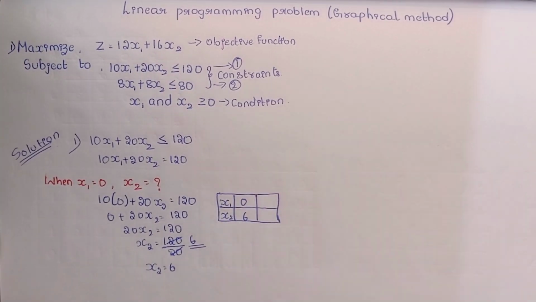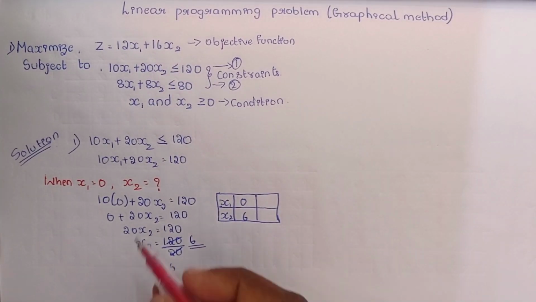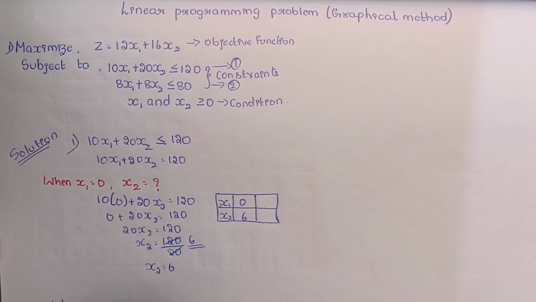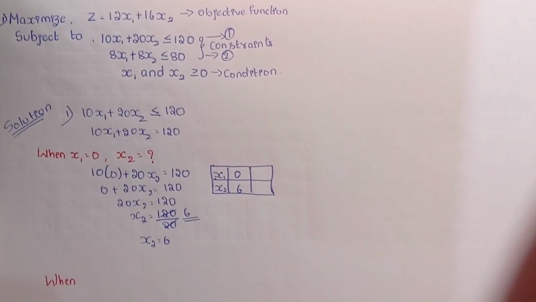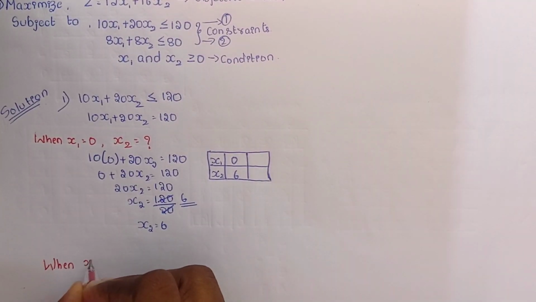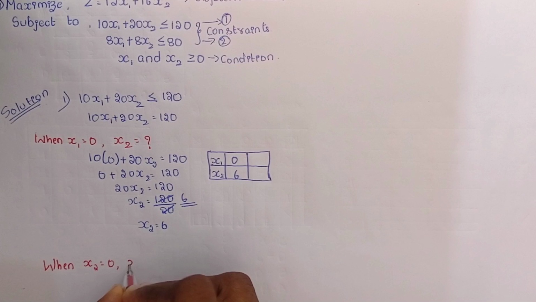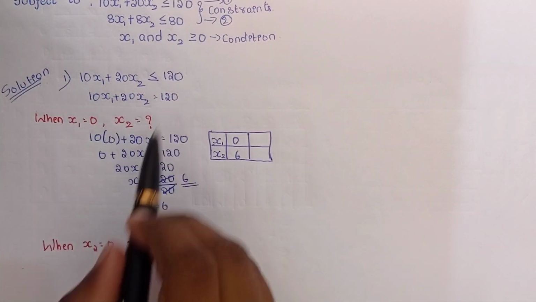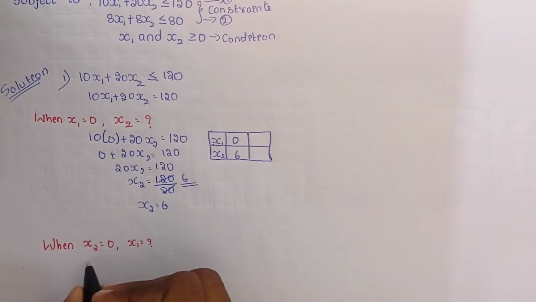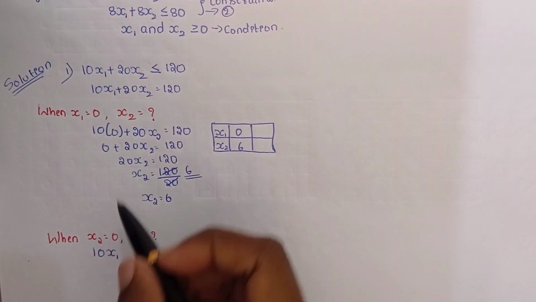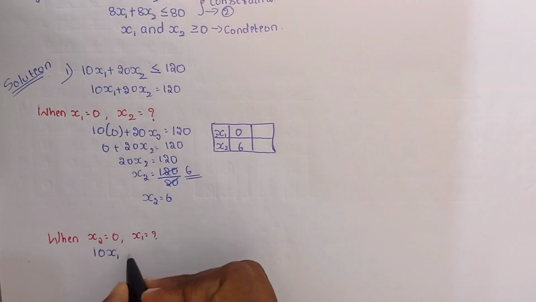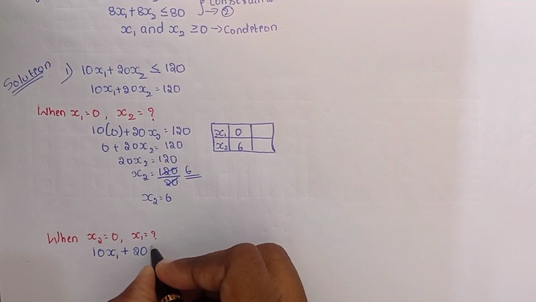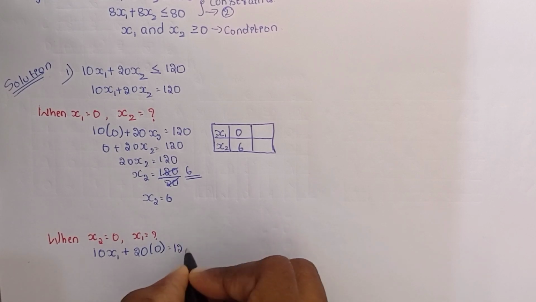Now what we have to do is consider x2 as 0 and identify the x1 value. When x2 is 0, what is x1? Using the same equation, we have to identify the x1 value. 10x1, I have written x1 because now I have to identify the x1 value, plus 20 into the x2 value, which is 0 now, is equal to 120.